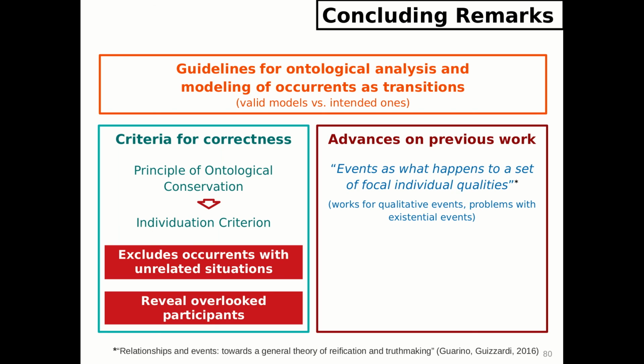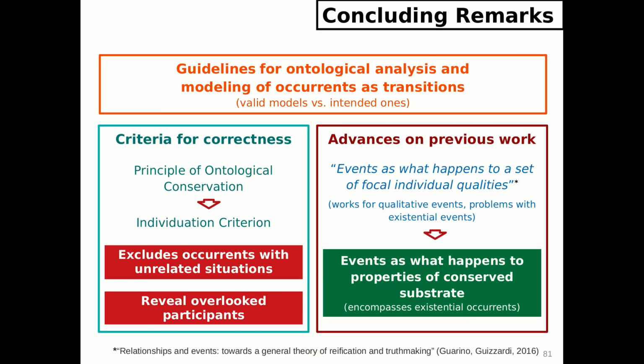Our approach also seems to advance on previous efforts. In Guarino and Guizzardi's work, events were suggested to be what happens to a set of focal individual qualities. It seems to work very well for qualitative events, but it also seems to have some problems with existential events, because it's not possible to track the qualities of something that still doesn't exist, such as in the case of creation events, or to track the qualities of something that no longer exists, as in the case of destruction.